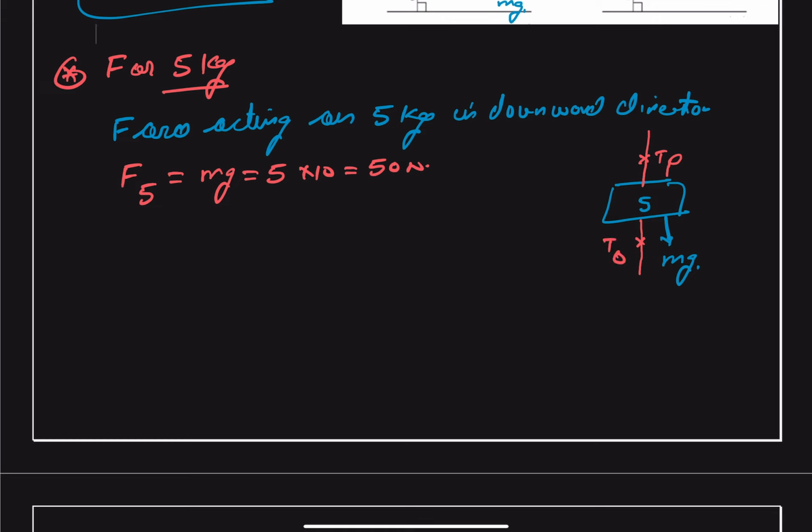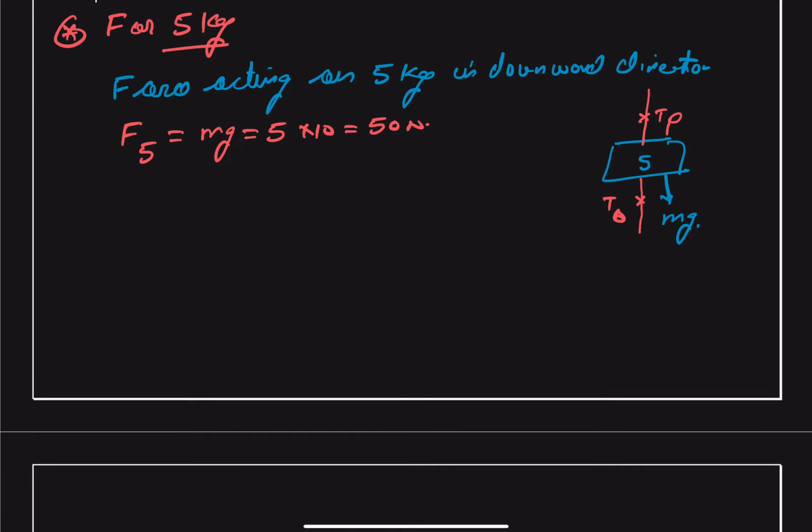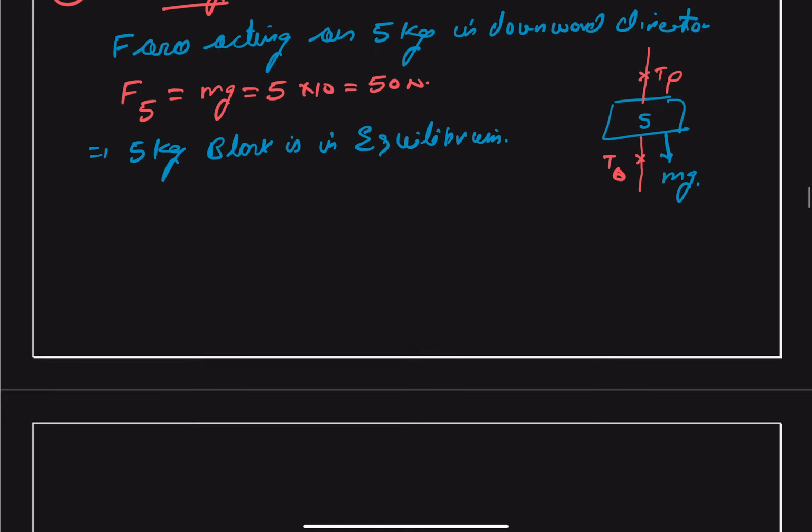And this 5 kg block is also in equilibrium, therefore all the forces will be balanced. In the upward direction we have Tp, and in the downward direction we have two forces.